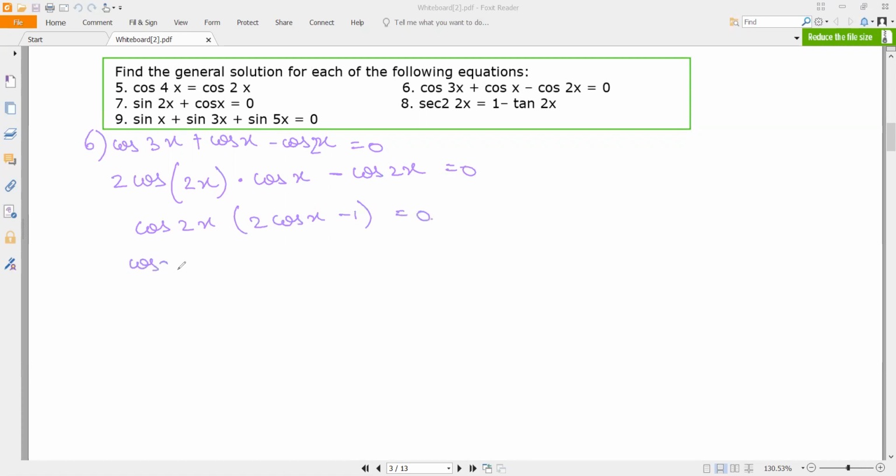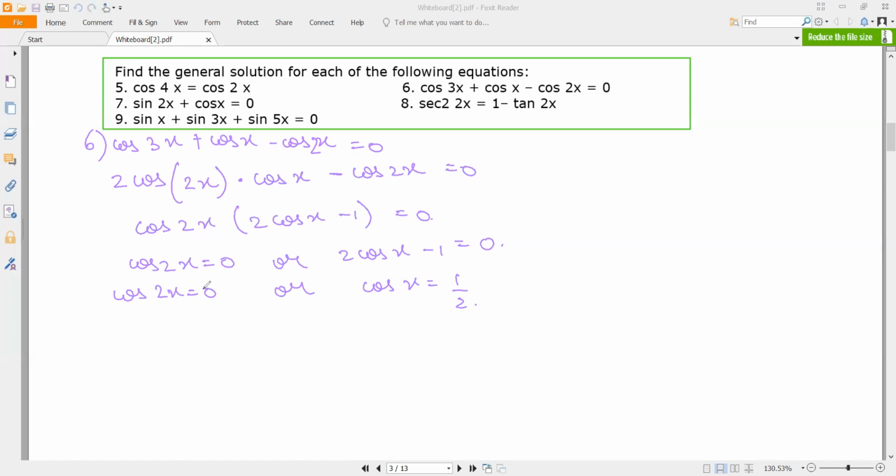Here cos 2x is equal to 0, or 2 cos x minus 1 is equal to 0. Again, cos 2x is equal to 0, or cos x is equal to 1 by 2.